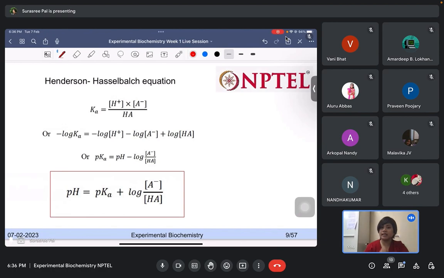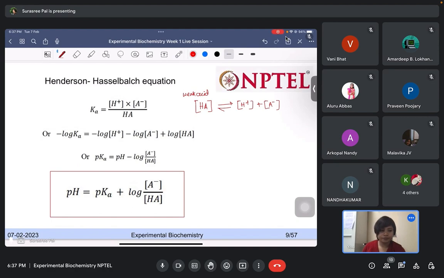So this is basically related to the pH of the solution, how the pH can be determined when a weak acid is dissociating. So what happens here is that HA, suppose, is a weak acid. I told you when it dissociates, it forms H plus ion and A minus conjugate base, right?